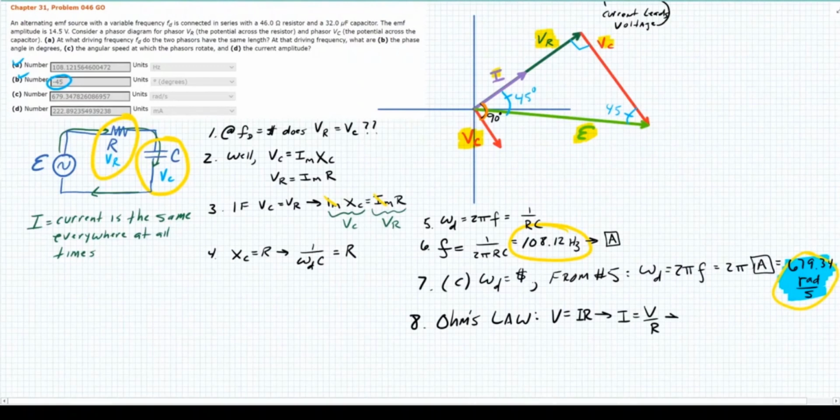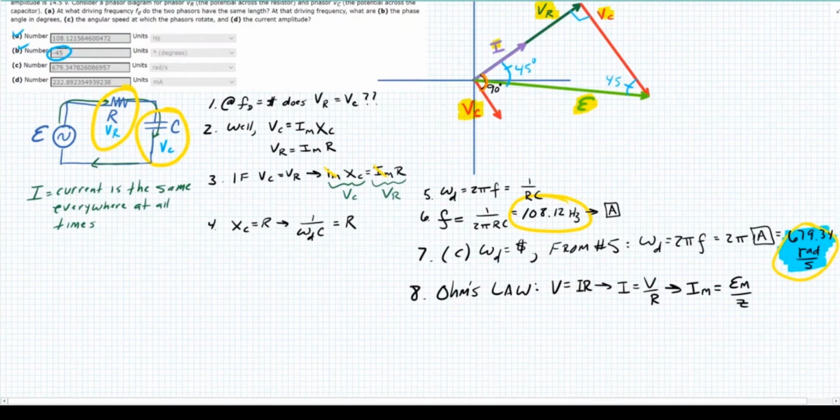So here's the personalization. The current amplitude, the maximum current in an AC circuit, is going to be whatever that max EMF is. Do I have a number on that? Yep, I do. Over the impedance.